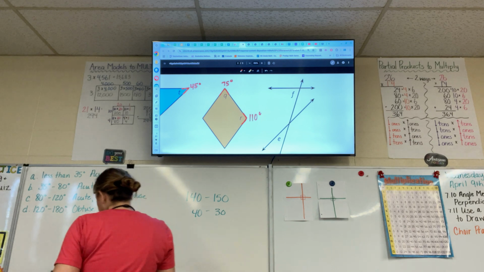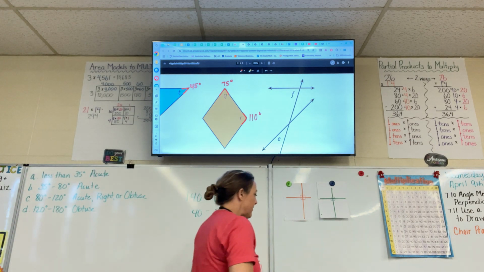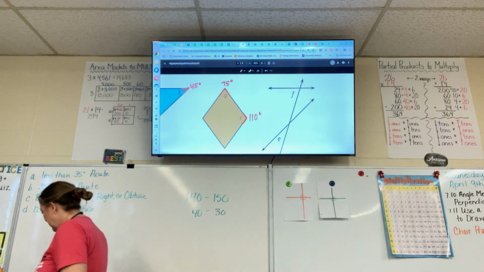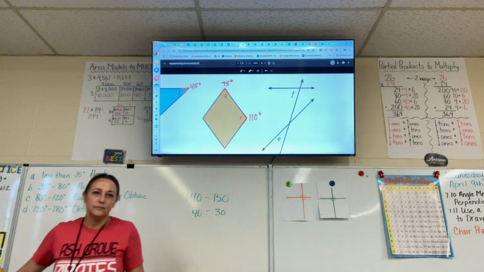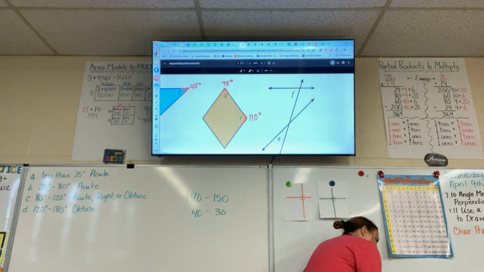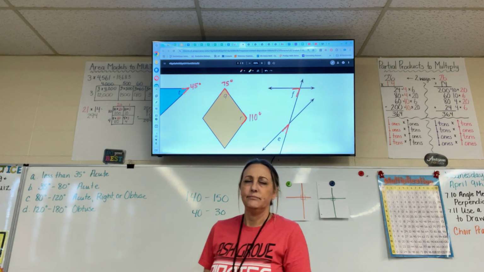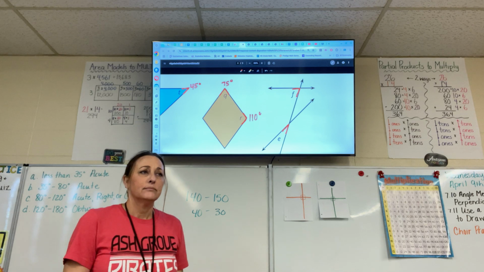So, they want us to measure angle E. What kind of angle is angle E? Acute. It's a little tiny acute angle. And then we got to measure angle F. What kind of angle is angle F? Acute.